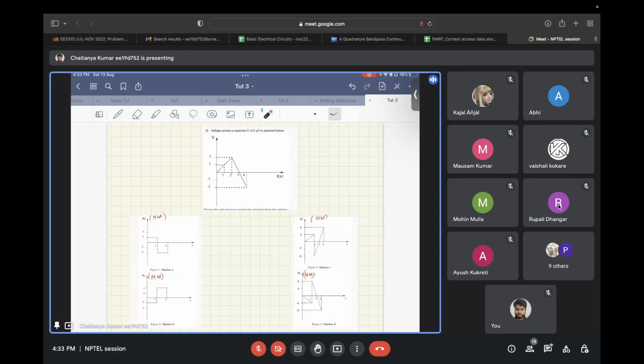Ayush, please try to rethink if it's option B or not.